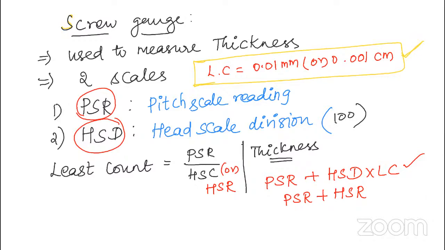Least count is equal to 0.01 millimeter or 0.001 centimeter. So in formulas, we have to use this value. Next we can go for the problem.